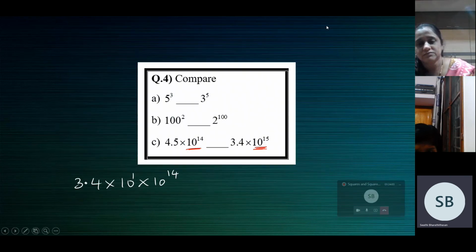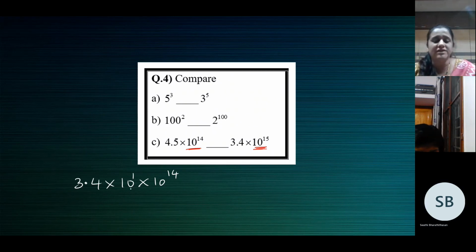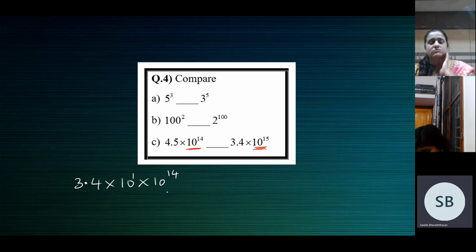Ma'am, you're asking the rule for the one that you have written. 10 to the power 15. I have written it as 10 to the power 1 into 10 to the power 14. How? Ma'am, it's like 3.4 can be written as a whole number when you just multiply it with 10 to the power 1, ma'am.